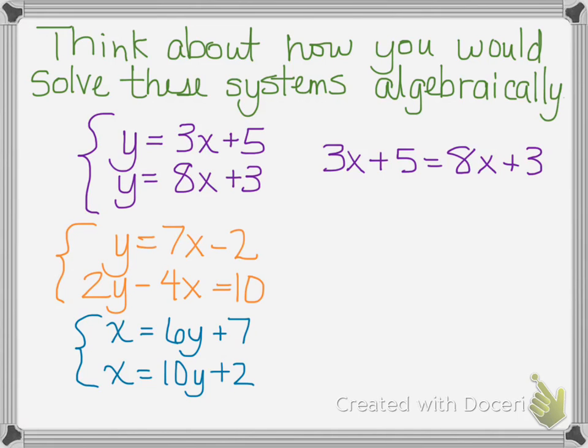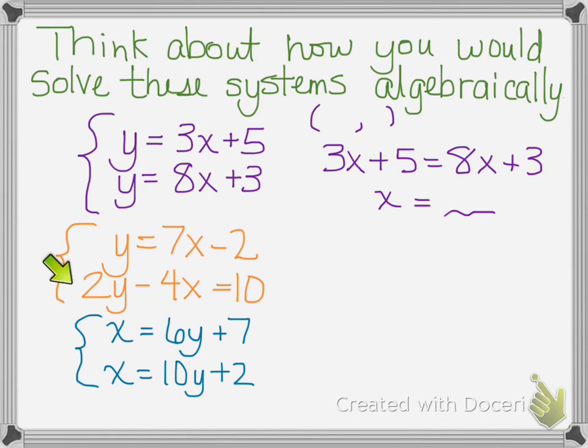And so I can solve for x, and I can go through the steps and find that x is equal to some number. When I get that number, that's going to be the x-coordinate of my solution, and I can plug it into either of those equations to find the y-coordinate. Okay, so that works really well because they're both in the form of y equals something.